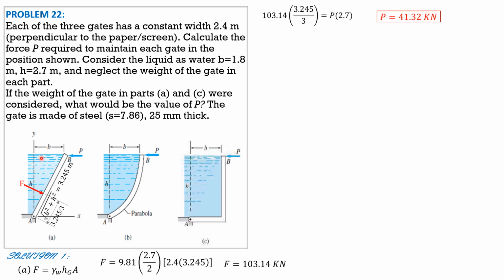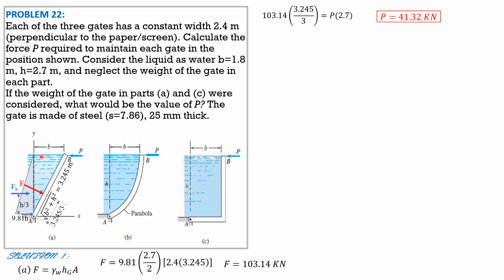As another way, use the pressure diagram, which is triangular, and the intensity of pressure at the bottom is 9.81 times H. Then FH is located 1/3 of H, because the pressure distribution is triangular. So this is H over 3.